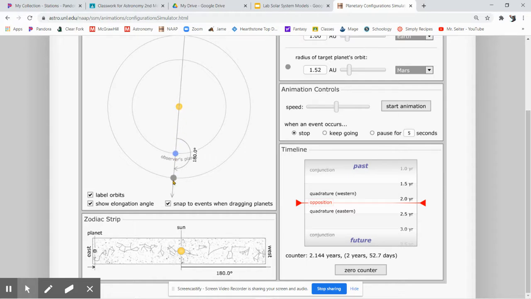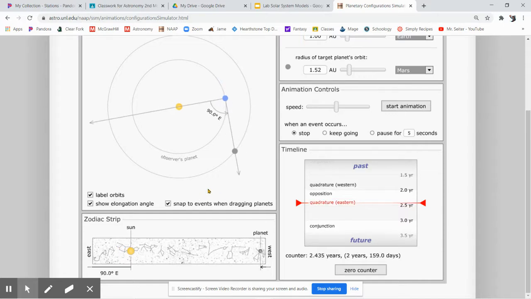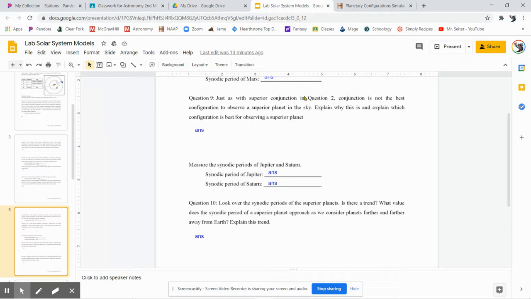So it's going to be harder to see this thing. It's going to be better to see in one of the quadratures, because you get a nice reflection off the sun. That is your answer here. Make sure you put that in sentence form, and I need a couple of sentences. Just don't make it blah, blah, blah.